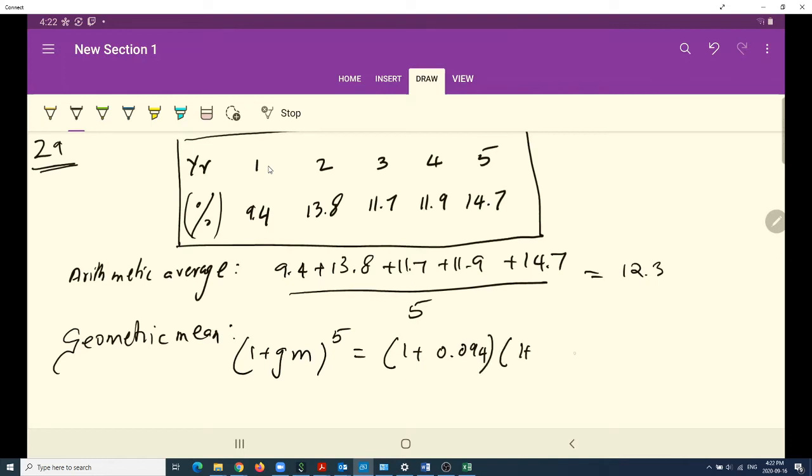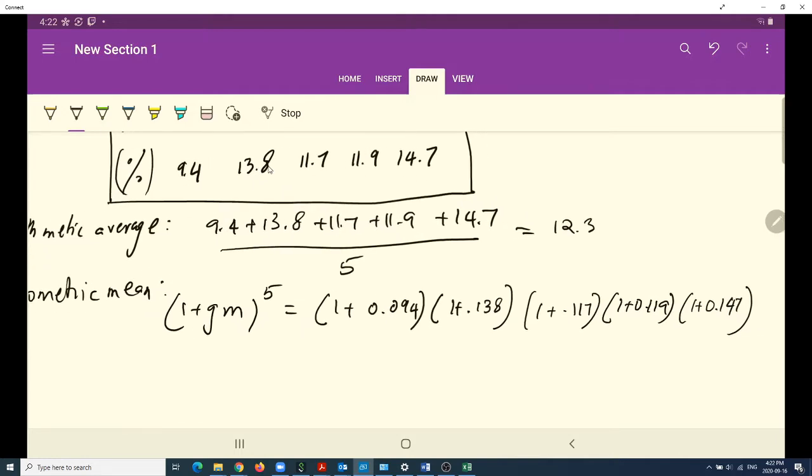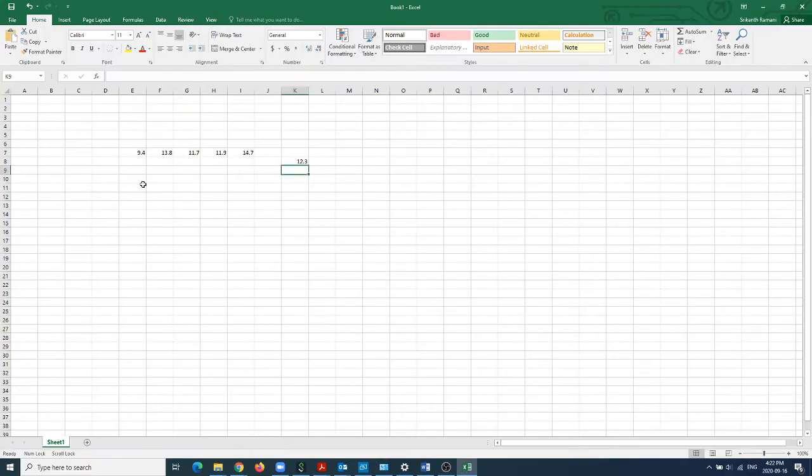1 plus 0.094, and the second will be 1 plus 0.138, 1 plus 0.117, 1 plus 0.079, and 1 plus 0.147. So let's divide each of these by 100.